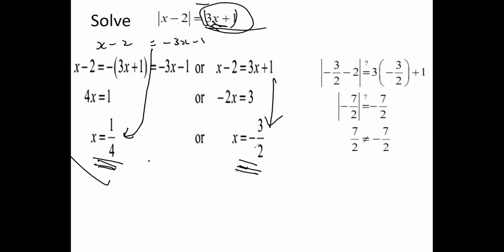So I'm going to try minus 3 over 2 in the place of x there. 3 times minus 3 over 2 plus 1 gives you a negative number. You see? You get a negative number there. And therefore, remember I just said, the modulus of a number can't be negative. Therefore, this here is an invalid solution.